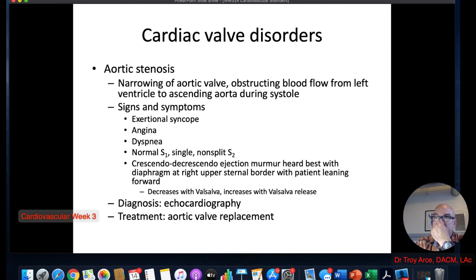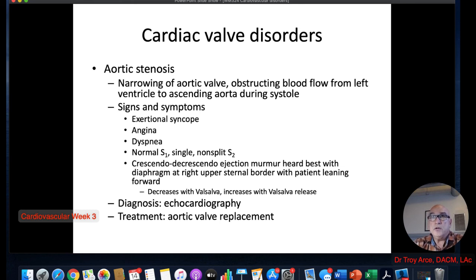So Valsalva is actually, you bear down, you close your nostrils and you bear down so the pressure comes up and you can release the pressure between your inner and outer ear. A lot of scuba divers, this is what we do to go down to different atmospheres, and it allows us to equalize the pressure so we don't bust an eardrum.